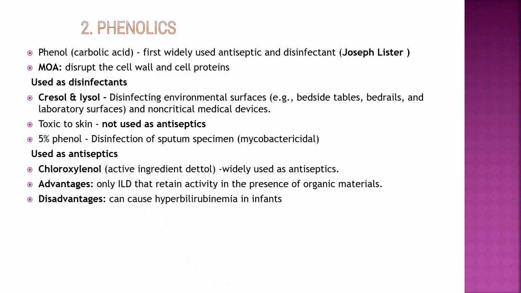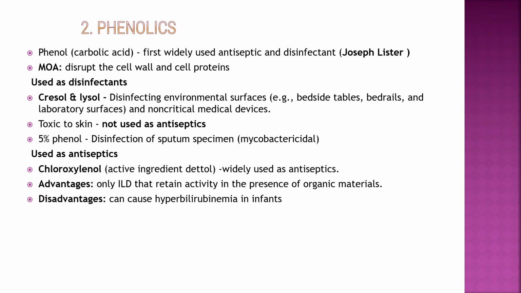Second is the phenols. Phenol, carbolic acid, was first widely used as an antiseptic by Joseph Lister. Mechanism of action: disruption of cell wall and cell proteins. There are two uses. Used as a disinfectant, for example cresol or lysol, for disinfection of environmental surfaces, that is bedside tables, bed rails, laboratory surfaces, non-critical medical devices.